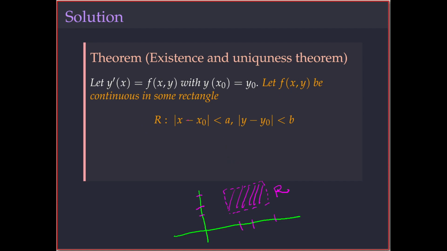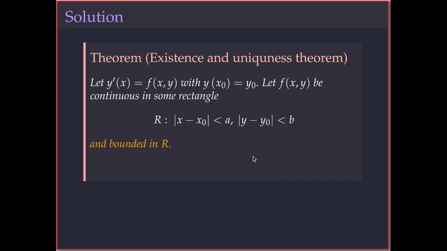So let f be continuous in some rectangle. So there exist some a and b such that |x - x0| < a and |y - y0| < b, and f is also bounded in this region.